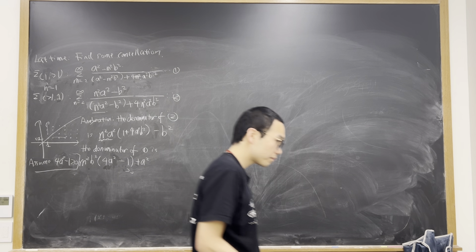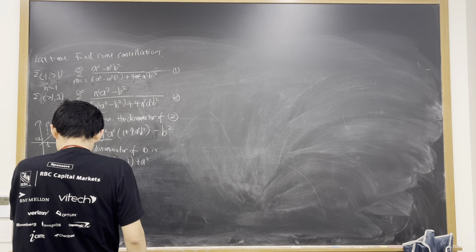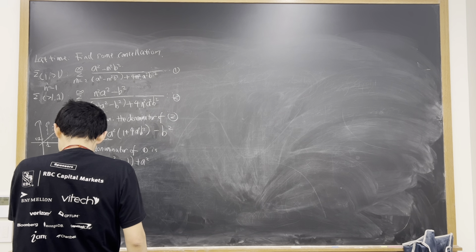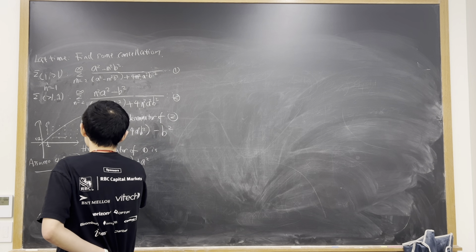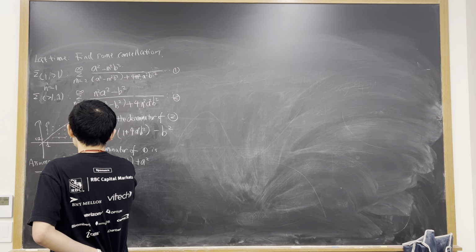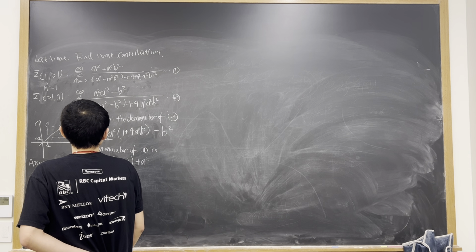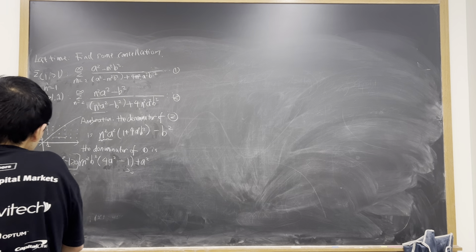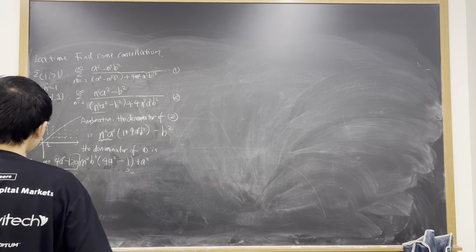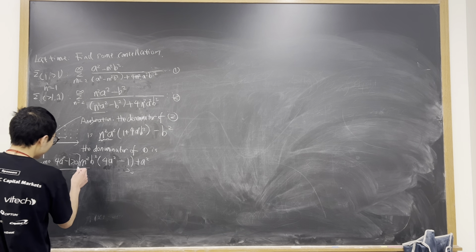And then, so yeah, this is like the denominator, right? Let me think. So roughly speaking, this is like m squared, right?